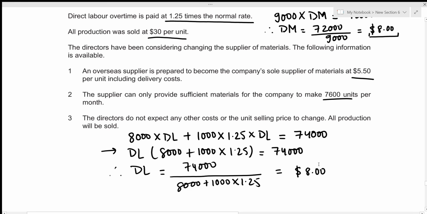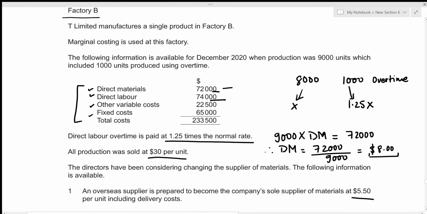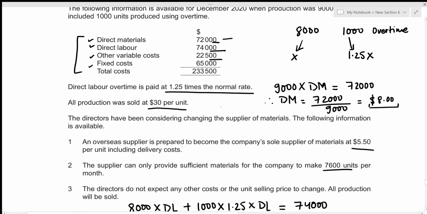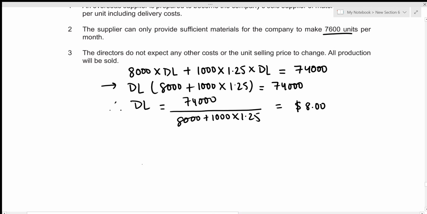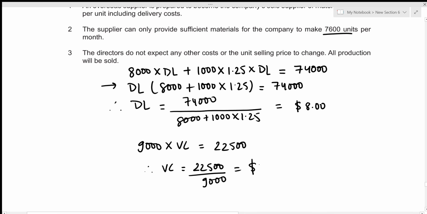Now lastly, we also need to figure out the variable cost per unit. The total variable cost is given to be 22,500. Let's figure it out per unit. That's going to be 9,000 into variable cost per unit, which has a total value of 22,500. So the variable cost per unit is 22,500 divided by 9,000, which gives 2.50.